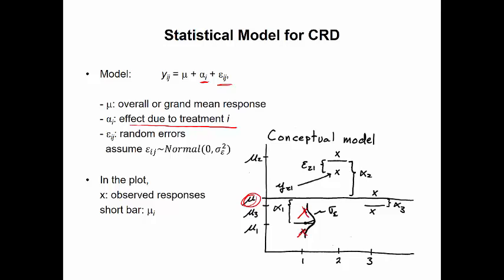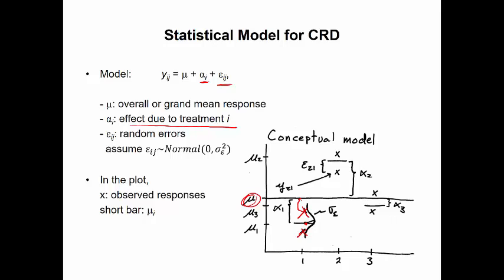That's your data. And so for that, you have a group mean, right? So that's that red dot here. If we're looking at it, then the distance between your observed mean and the overall mean, that's your alpha i.